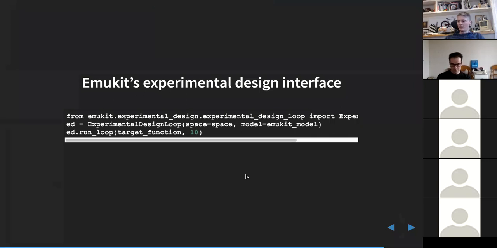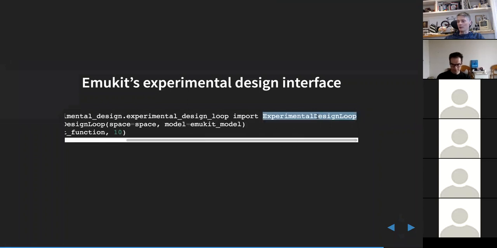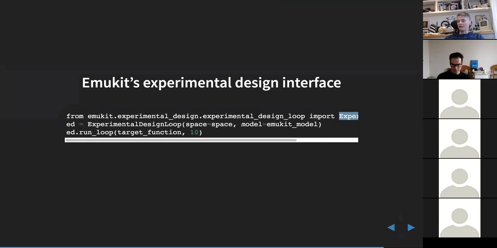So the relevant bit of code here is import experimental design loop, which is that loop that manages everything for us. So rather than doing all those stages ourselves, we just have to define the model, which is defined above in the code. So there's the model, and that's being passed in. We have to define the space. So what's the parameter space that we're optimizing over?